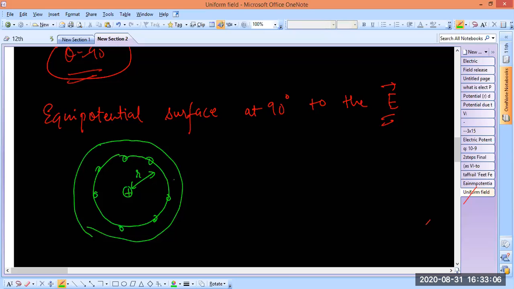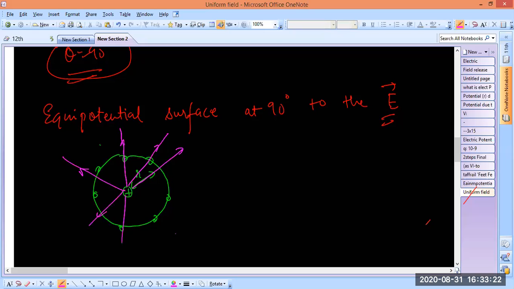If you consider such equipotential surfaces for a point charge, I hope you all still remember that for a point charge, the electric field is always in the radial direction, coming out like this for a positive charge, from every point. Green is the equipotential surface.